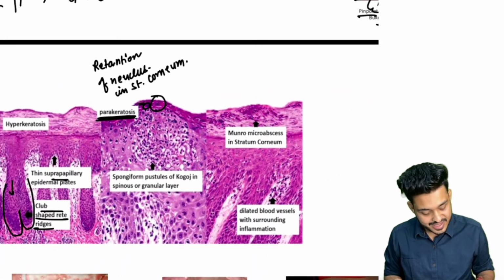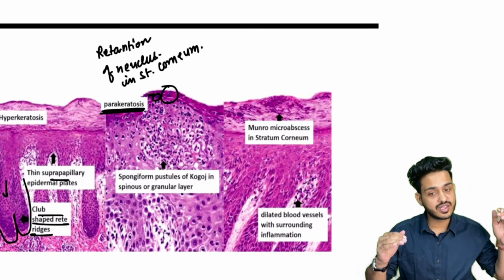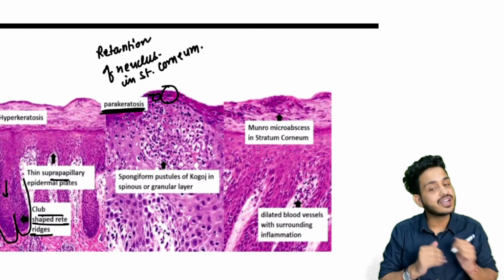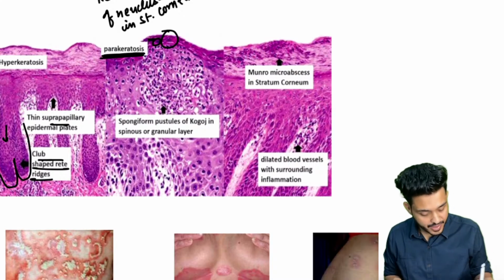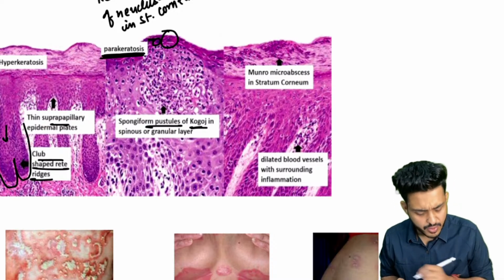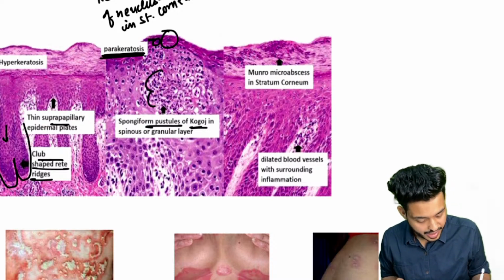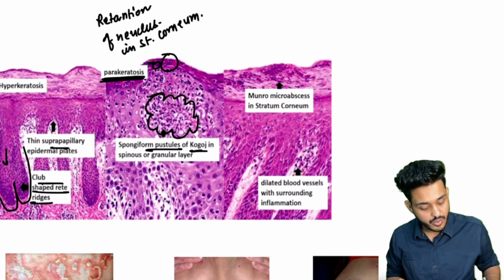Okay, next thing, what we have seen, parakeratosis, we have seen the mnemonic P for psoriasis. What we are studying right now, we are studying psoriasis. Okay, that is why we need to connect things. Next thing, we have seen the spongiform pustules of Kogoj, and I have already told you this is the Kogoj pustule. Okay, what else we have seen?